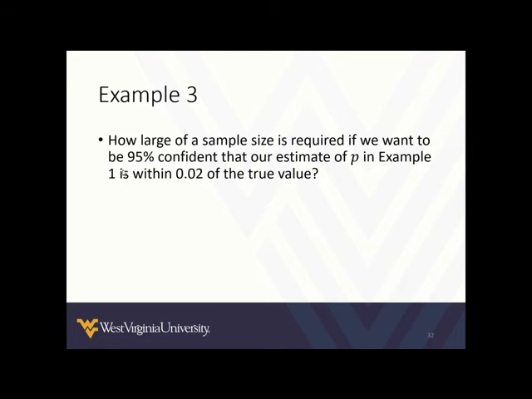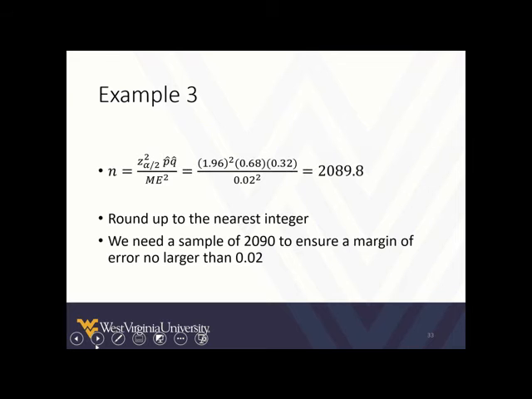And so we have 95% confidence, and so that's going to imply that our z alpha over 2 value is going to be 1.96 squared. We will multiply this by 0.68 times 0.32 all over that margin of error of 0.02 squared.